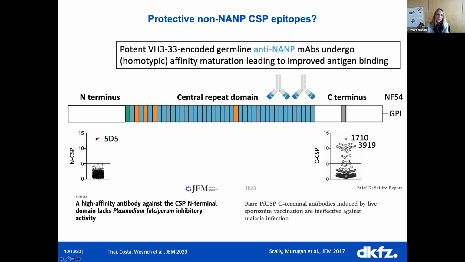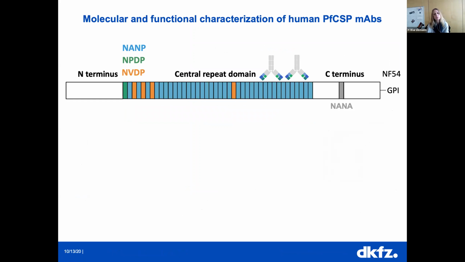And the only antibody that has been described against the N terminus, which is a mouse antibody, did not show any function in our assays. So this left us with one part of the protein, which is called the N-terminal junction here, that contains some of these NANP motifs that are interspersed with very similar NVDP motifs and also an NPDP motif here.